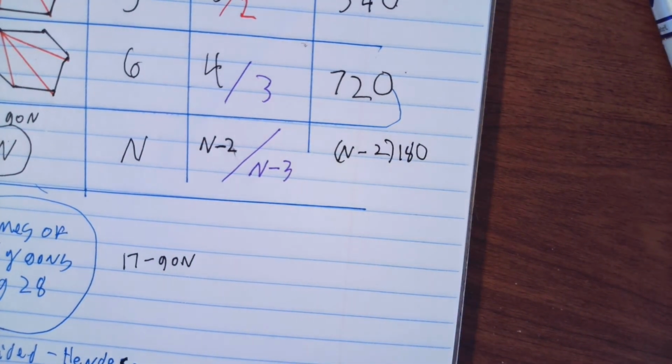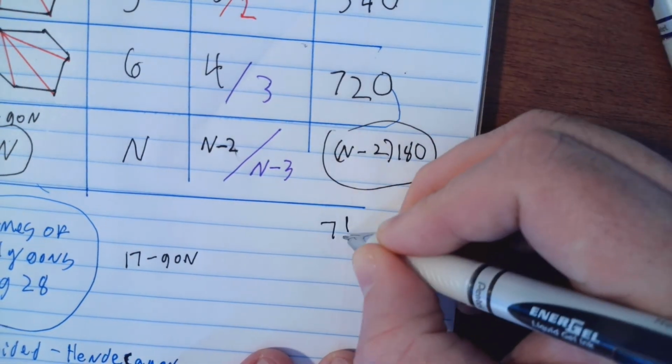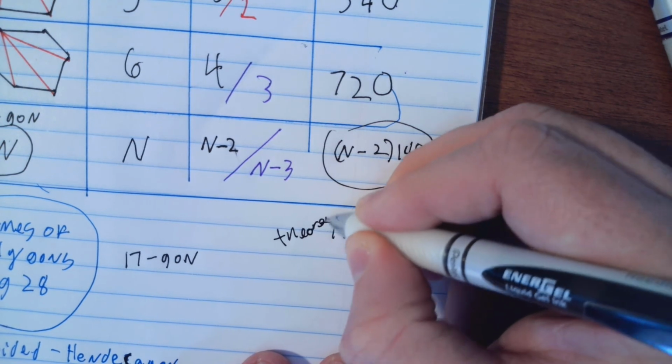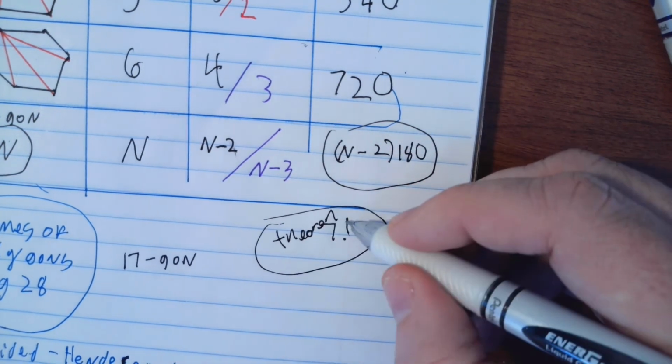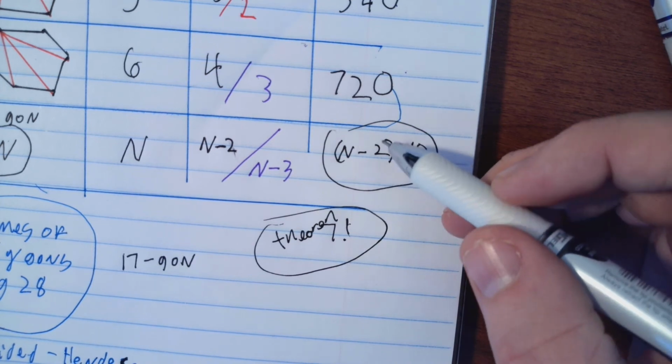So that was basically just walking through theorem 7.1. Okay, so 7.1 gives you this formula. I'm going to let you copy that down on your own. That's theorem 7.1. This is the explanation of it. So this is the interior angles.